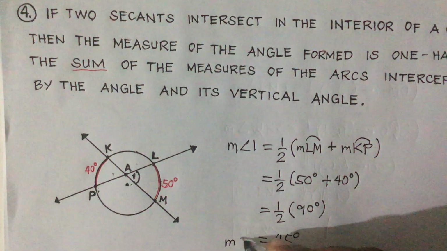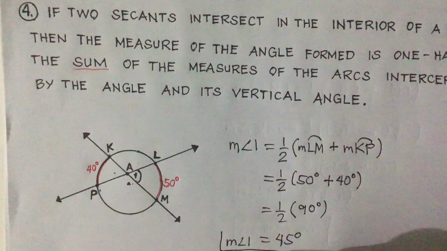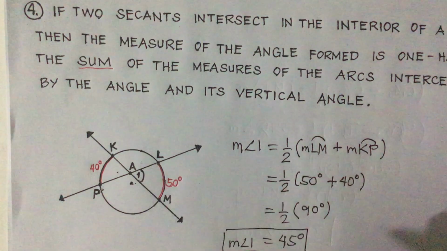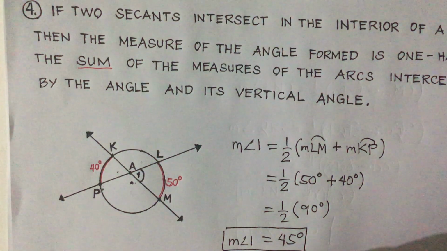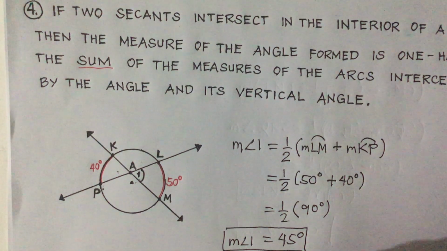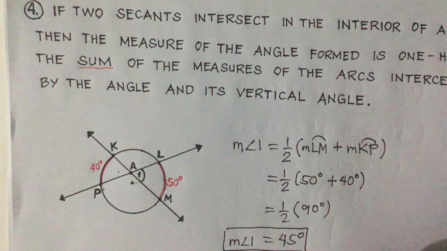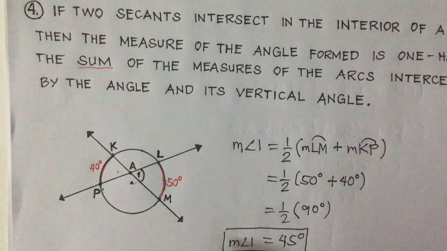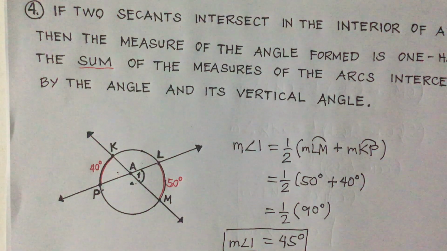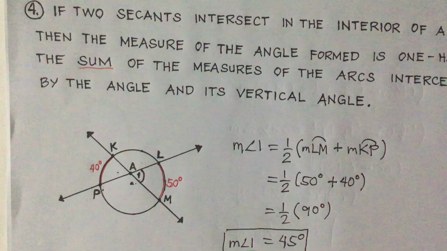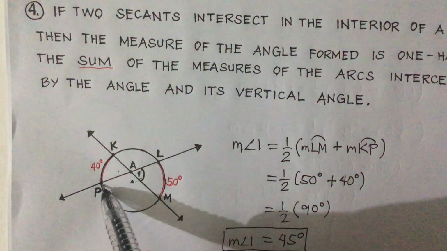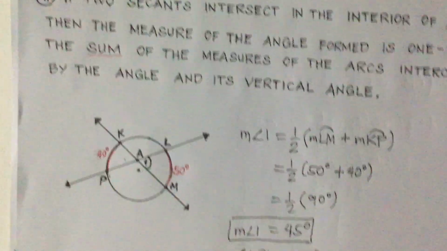So that is the measure of angle 1. So actually angle 1 is also the same with the measure of angle LAM. So measure of angle LAM is also 45 degrees since they are just the same, angle 1 and angle LAM. So it should be that the two arcs given is opposite to the given angles. We have arc LM and arc KP. So mo na siya. So let's have the last theorem.